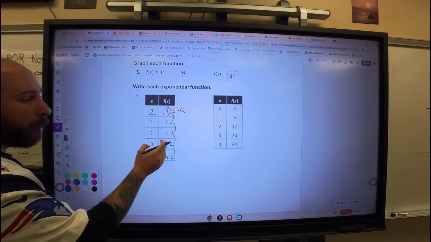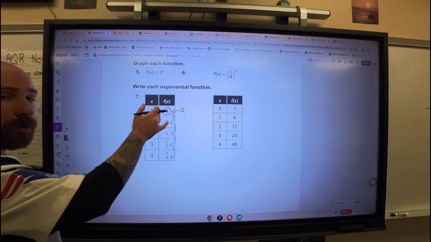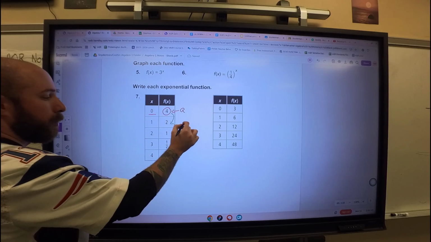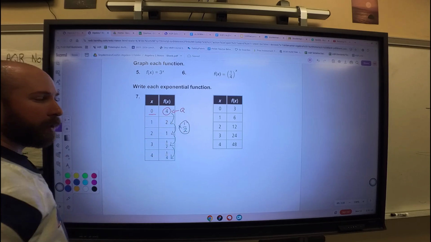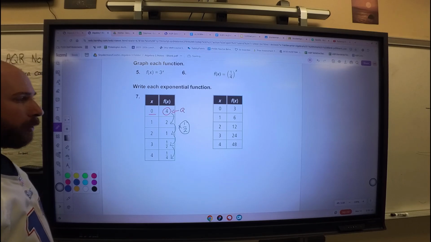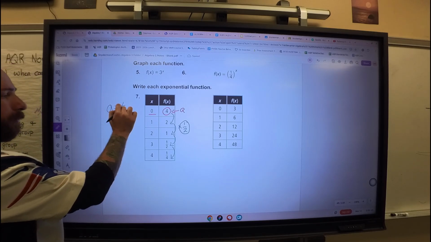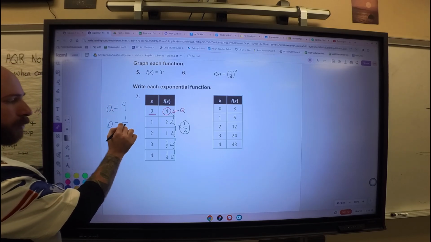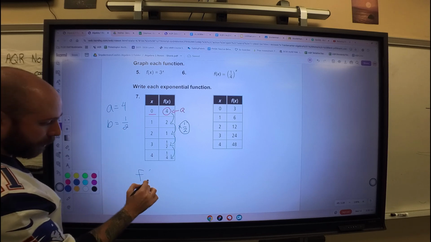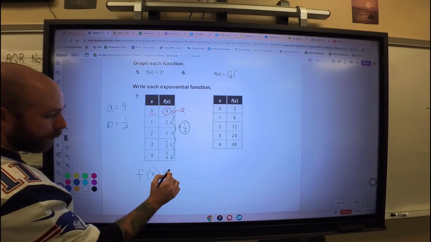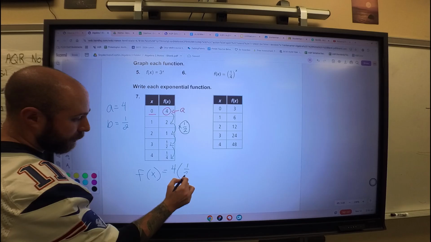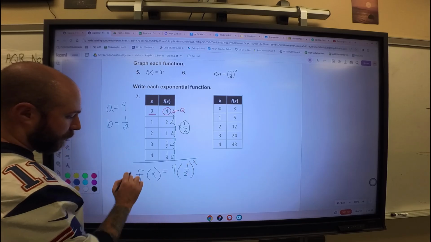So what number are we multiplying 4 by to get 2, 2 by to get 1? We're taking half of each of those values. So A is equal to 4, B is equal to 1/2. So our function is going to say f of x equals 4 times 1/2 to the value of x.